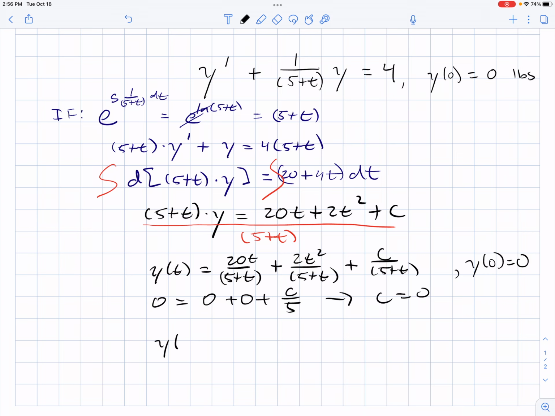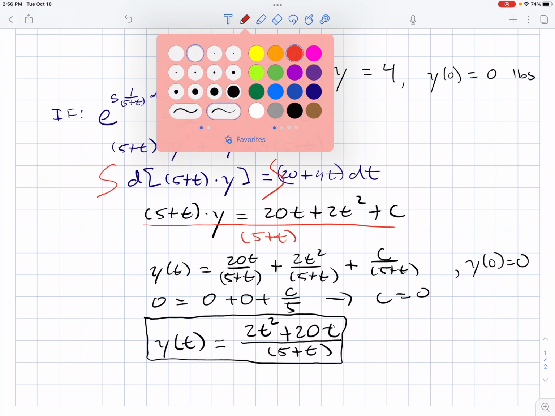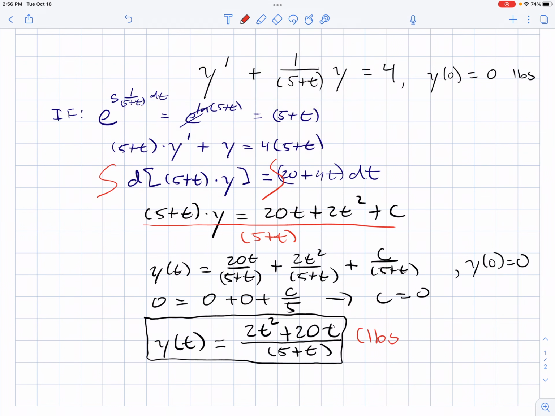So our function, which, if you remember, is the amount of salt in the tank at time t, which is in terms of minutes. So this equation is our equation that represents the amount of salt in pounds at a certain time in the tank.